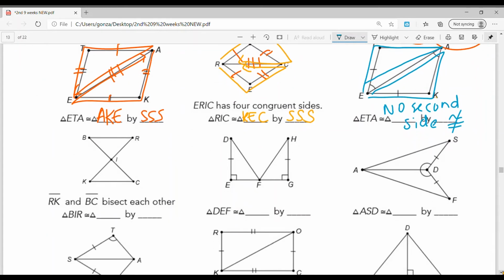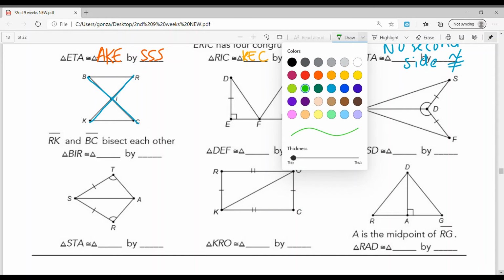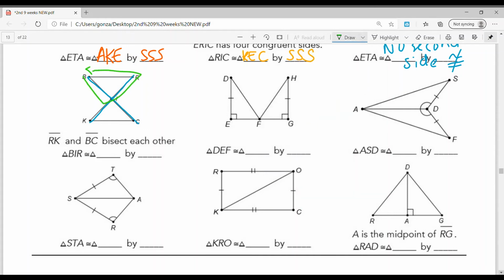Okay, next. All right, I have RK. So RK bisects BC. So that's perfect because now you have a midpoint. So now I say BIR, let's use a different color. BIR is going to be congruent with CIK.